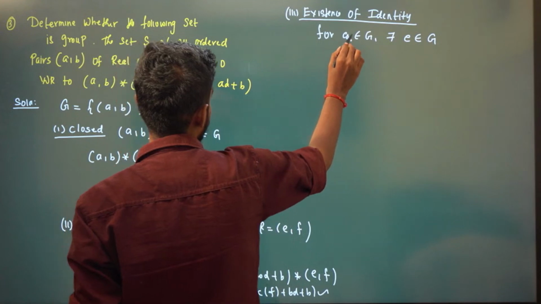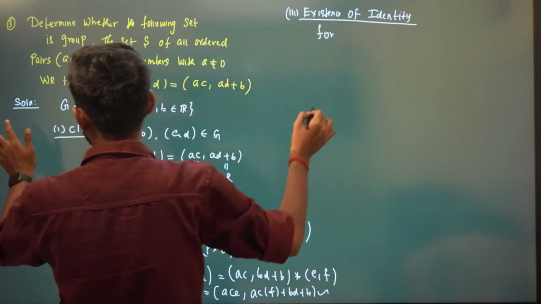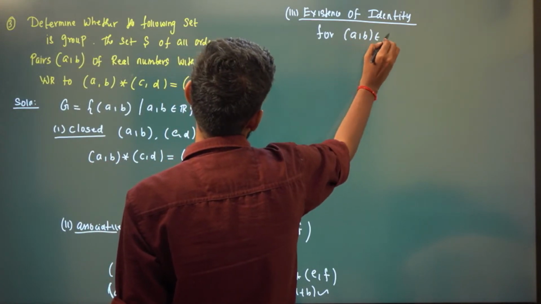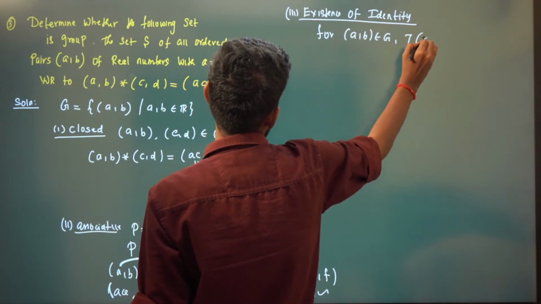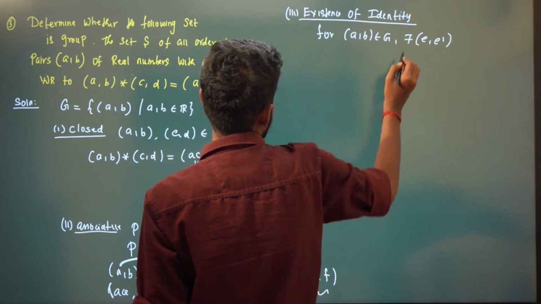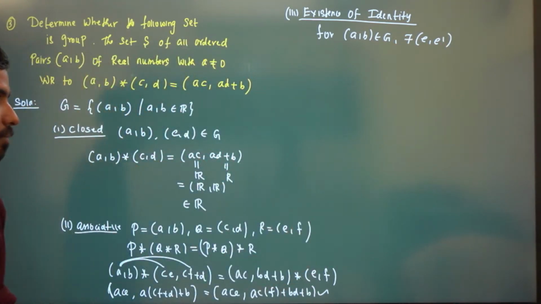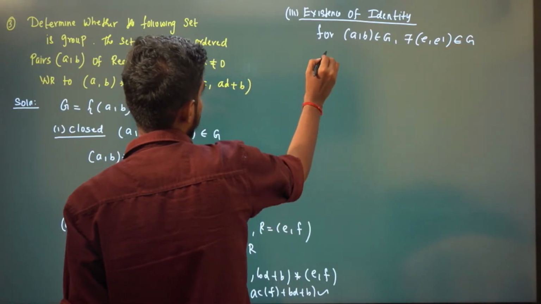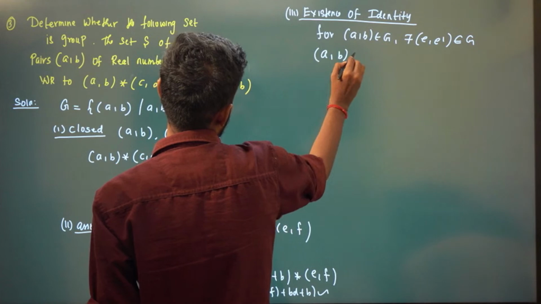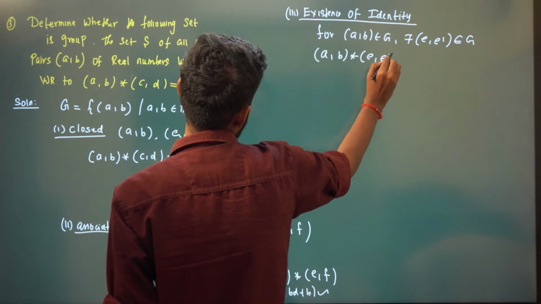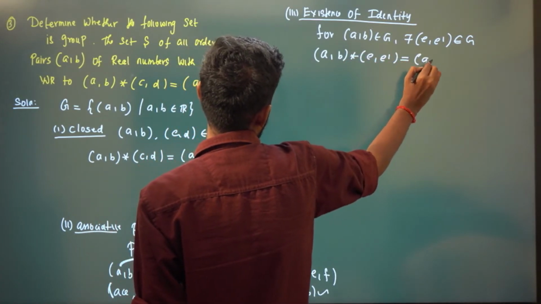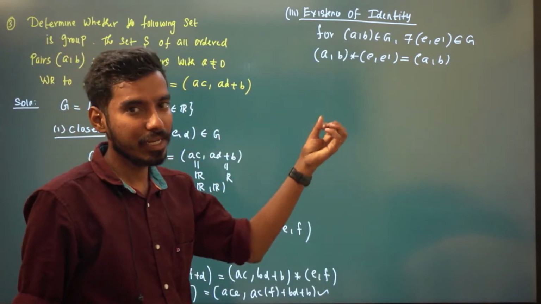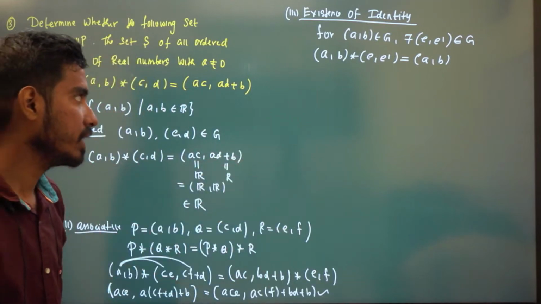So let us take (A, B) belonging to G. There exists, let us say, (E, E dash) in G, because it's a pair. So (A, B) star (E, E dash) has to give me (A, B) again. Usually you write A star E, but here every element is a pair. That is why I'm writing (E, E dash).